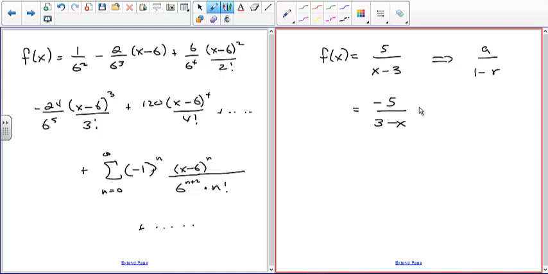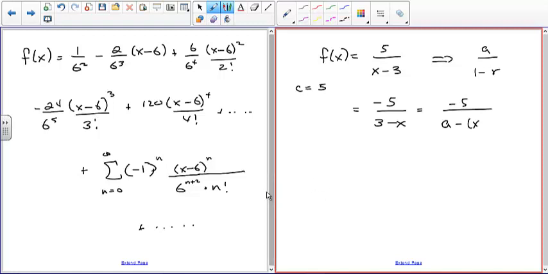Ultimately, the first step is to change the denominator to a minus x, and the second question is, what are we going to do this around? What number? So let's say if I pick 5, around c equals 5.